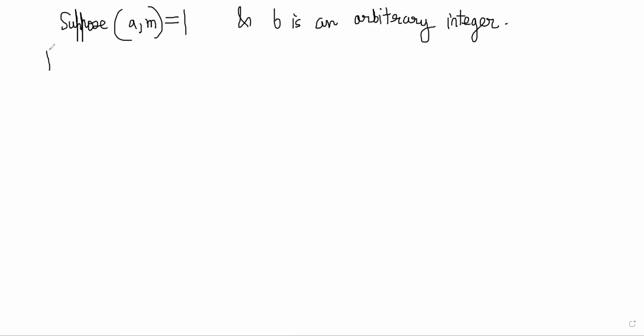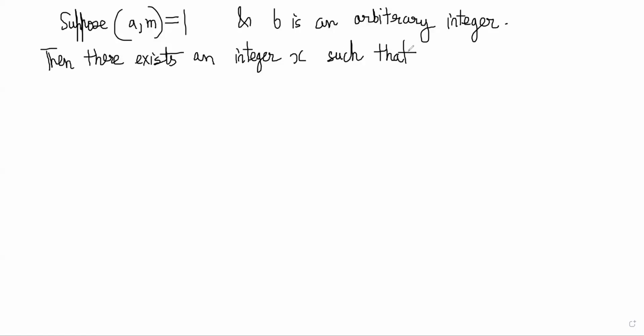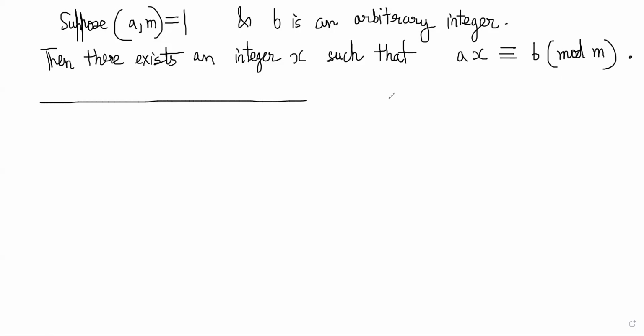Then there exists an integer x such that a times x is congruent to b mod m. So we have to prove that there exists an integer such that a times x is congruent to b mod m. So the way we do it is this way.